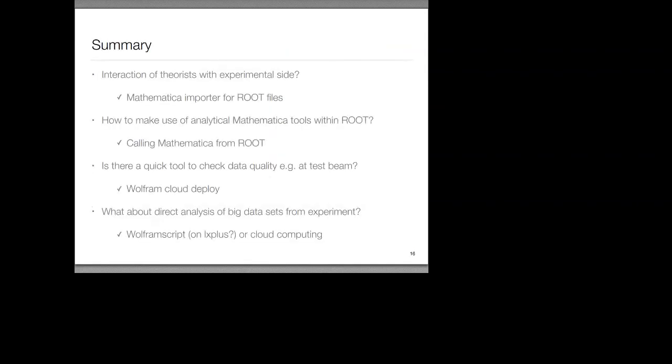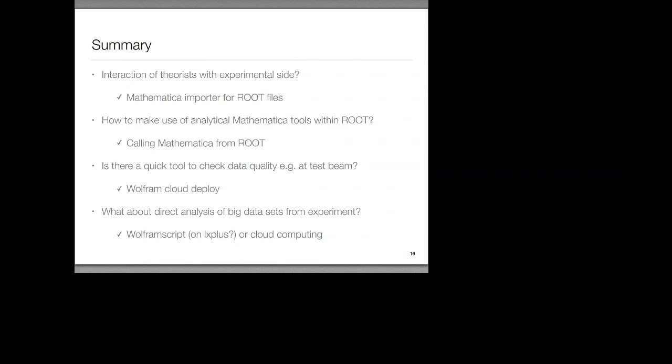And finally, a quick summary from the motivation at the beginning. The interaction between theorists and the experimental side can be realized via the Mathematica importer for these ROOT files. On the other side, you can make use of these analytical Mathematica tools within ROOT by calling Mathematica from ROOT, as I described.